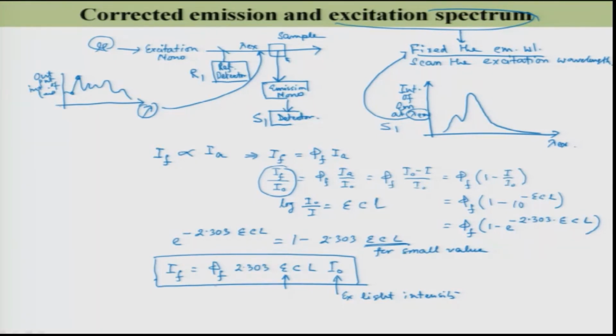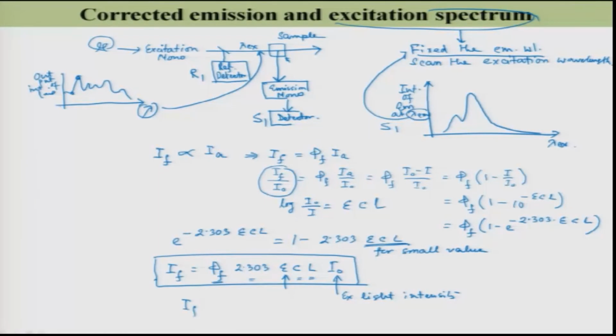So, this is fixed, this is a constant, this concentration you are not going to change, and the path length you are not going to change, so they are constants. So, if the I 0, that excitation light intensity, is constant over the excitation wavelength, then I f is proportional to epsilon C L, because C and L are constant.